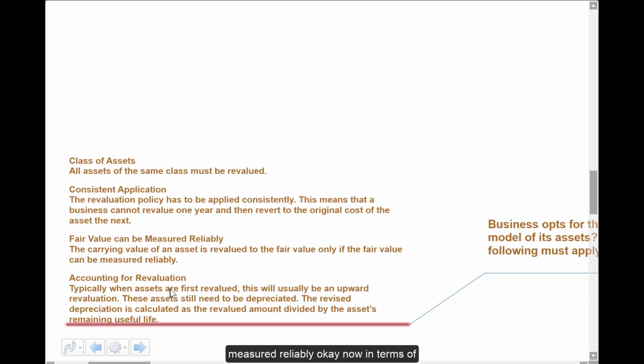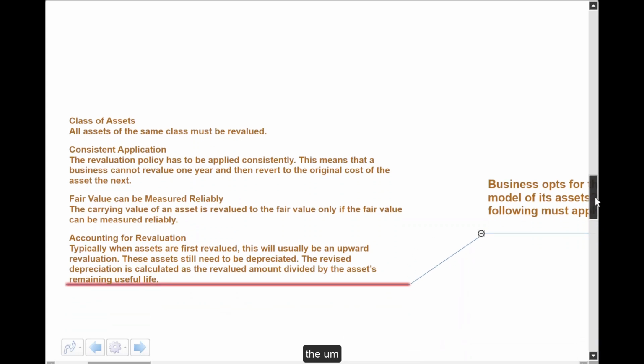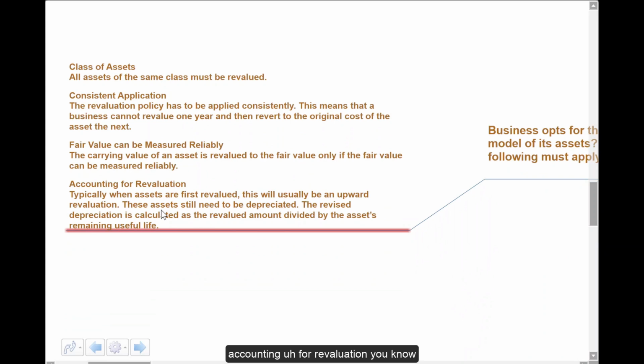Okay, now in terms of the accounting for revaluation, typically when assets are first revalued, this will be an upward revaluation. It doesn't have to be, but generally. These assets still need to be depreciated. The revised depreciation is calculated on the revalued amount divided by the asset's remaining useful life.